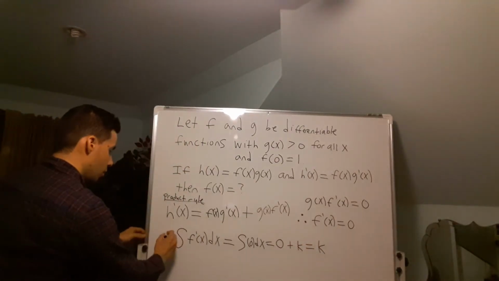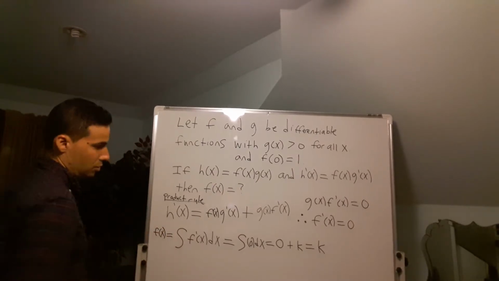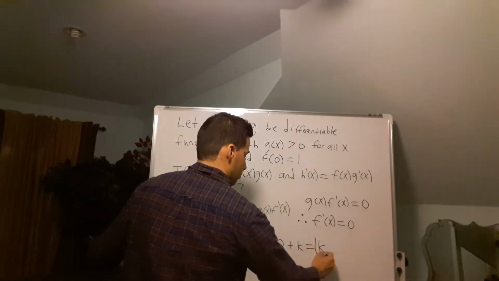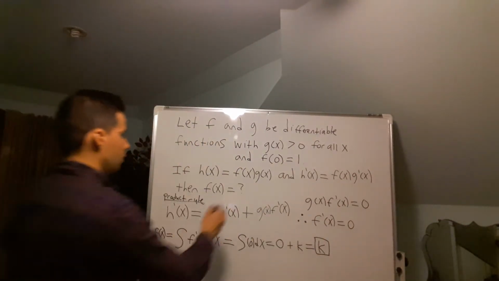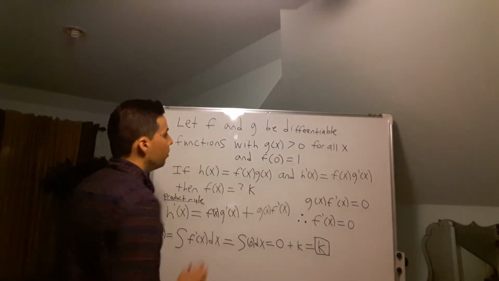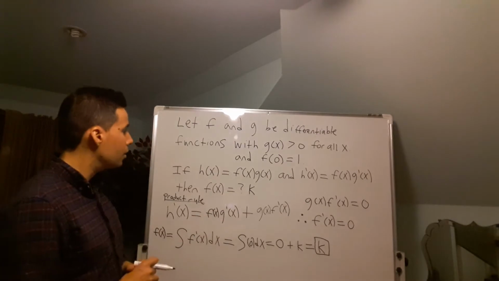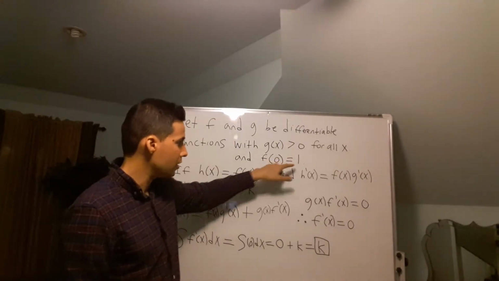So this is what f of x is equal to. We know it's a constant function, because its derivative is equal to 0. f of x is equal to a constant. We know it's k. But we want to see if we can possibly figure out what constant it is. Now, we have an initial value here: when x is 0, y is 1.